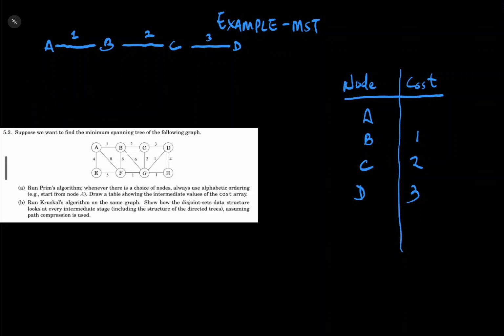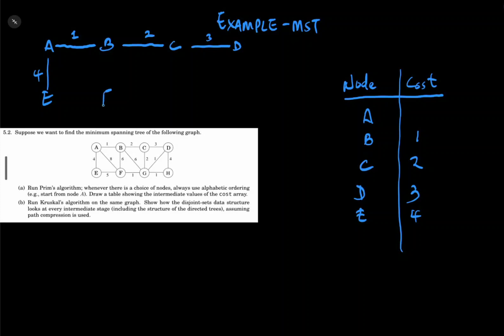Because we are moving in alphabetical order, after D, let's go to E. So what happens at E? From E, you have edges that cost 4 and the other one that cost 5. So we go with the one that cost 4. So we have E here, 4.